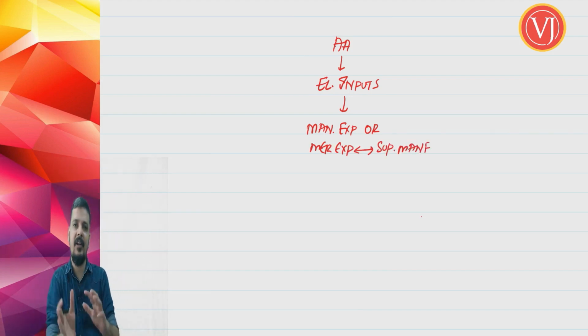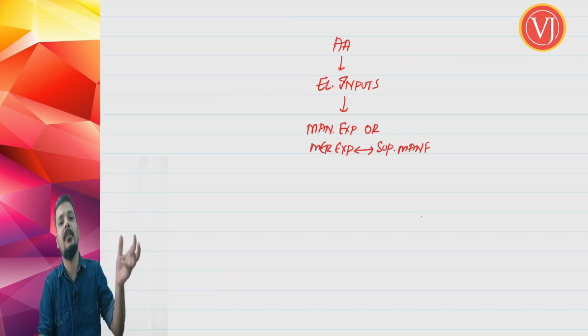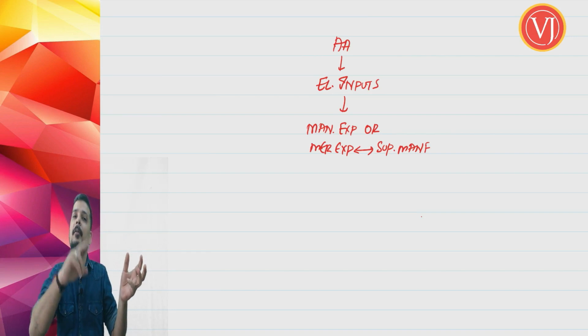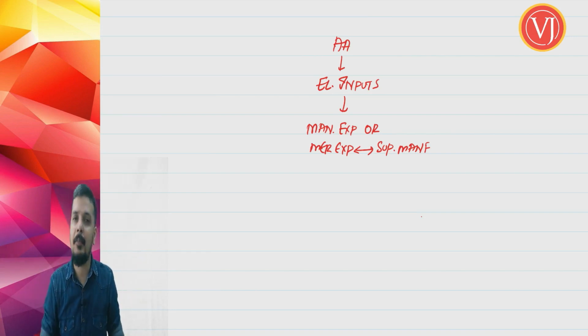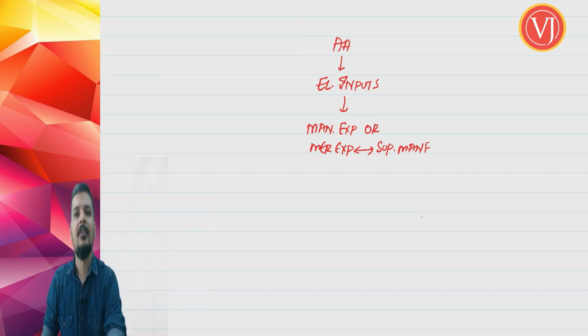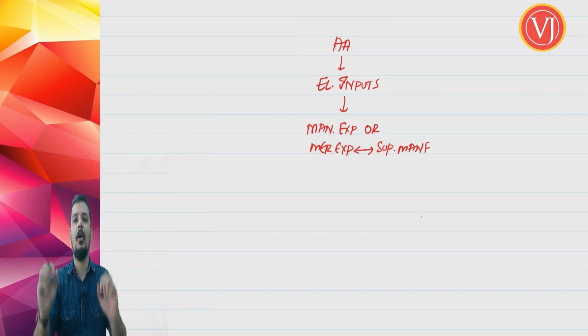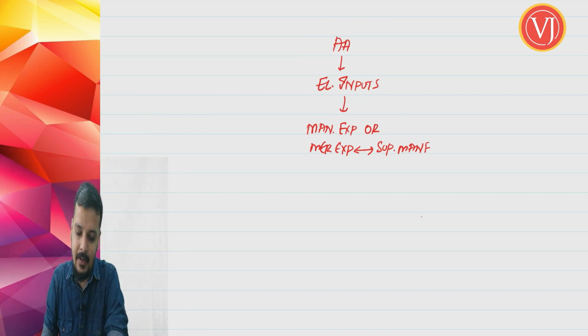Not just like that. Merchant exporter who is tied up, which means that the supporting manufacturer will import the inputs without paying import duty based on advance authorization of the merchant exporter, and he will manufacture the final product and give it only to the merchant exporter. That we have discussed with the flow chart, how it actually works. Friends, a flow chart makes things very simple. Rather than discussing theoretically, you will know the picture of how it is actually happening, right?